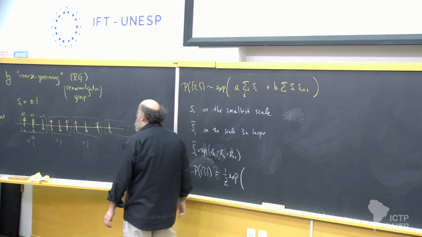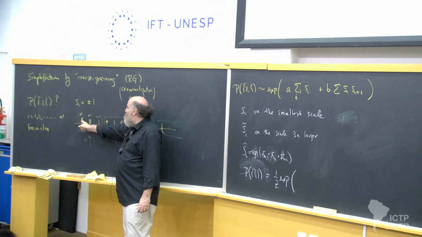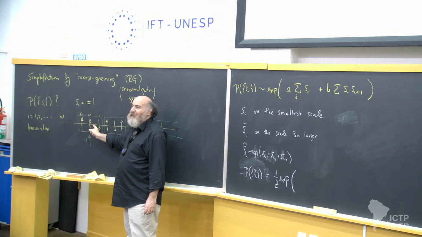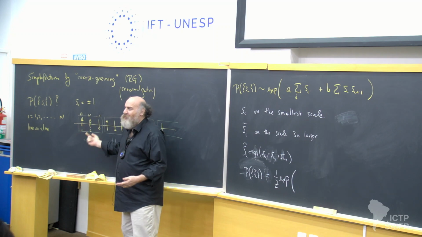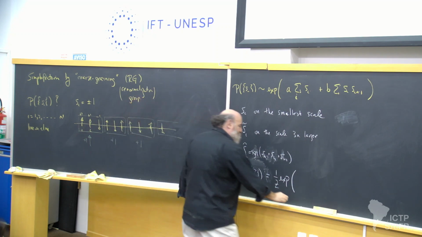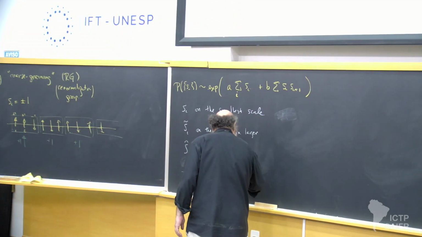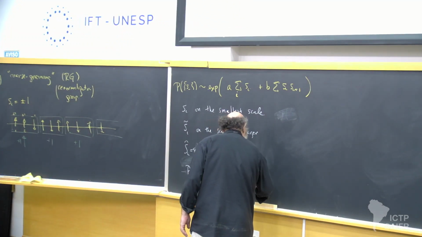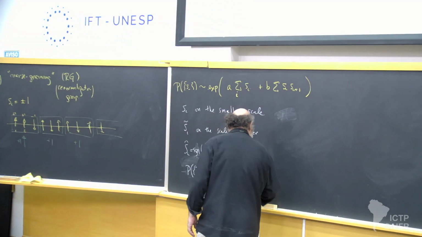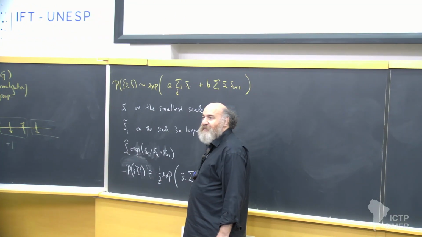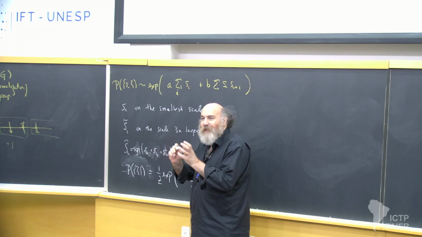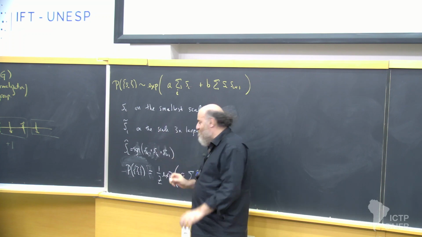Well, let's think for a moment. If there's a bias between being +1 and being -1, then there'll also be a bias for the majority being +1 and -1. So there will be a term which I can call A tilde, which looks like this. And there'll be some coupling between what happens in one box and the neighboring box.